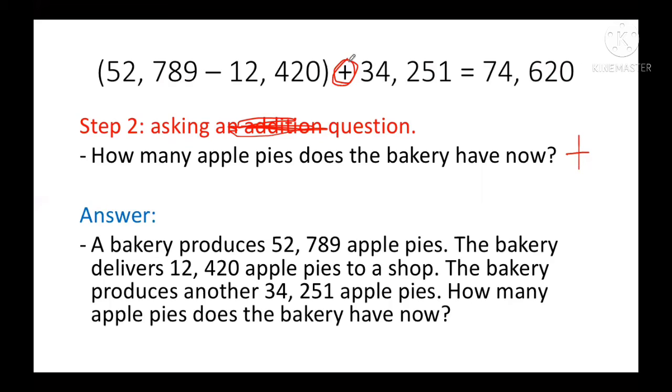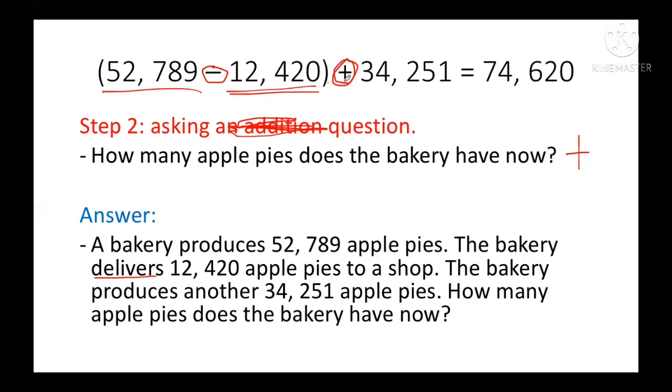So a bakery produces 52,789 apple pies. That's the first number, correct? Then the bakery delivers. The word delivers means we will take away. So the bakery delivers 12,420 apple pies. That is the second one.